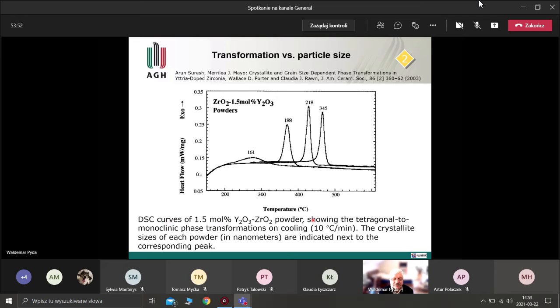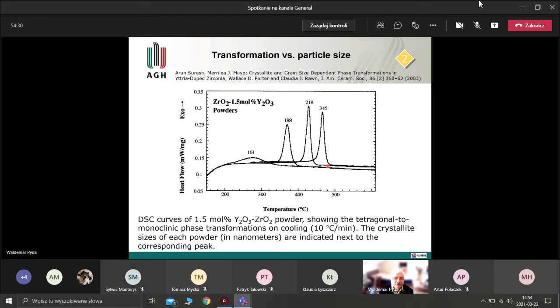Yes, and as you can see, because this transformation is a first order transformation, we can measure the heat which has been released when one structure, tetragonal, the higher temperature structure, transforms into the monoclinic one. And we can measure the energetic effect.